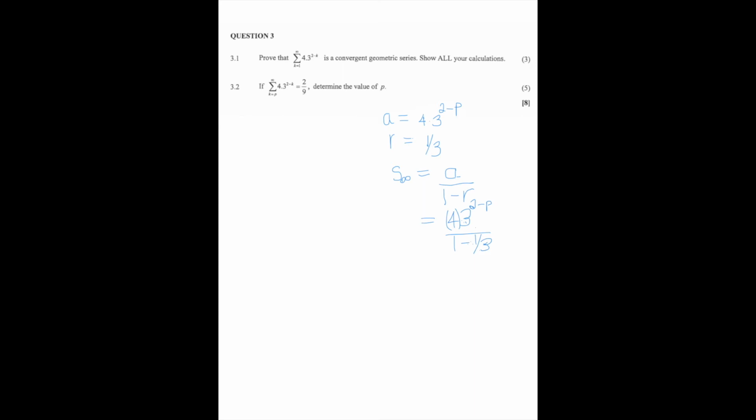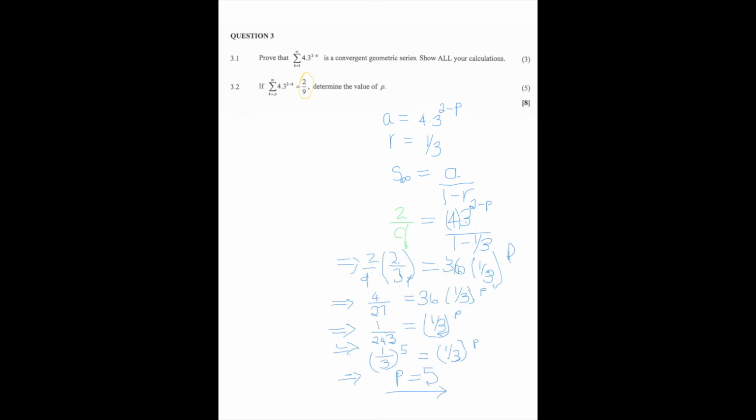But remember, we are also told that the summation is equal to 2 over 9. So we can say that 2 over 9 is equal to this summation that we just substituted.